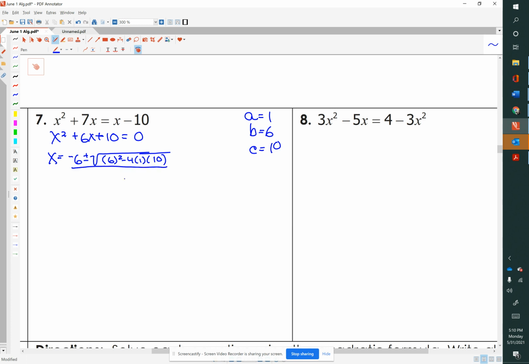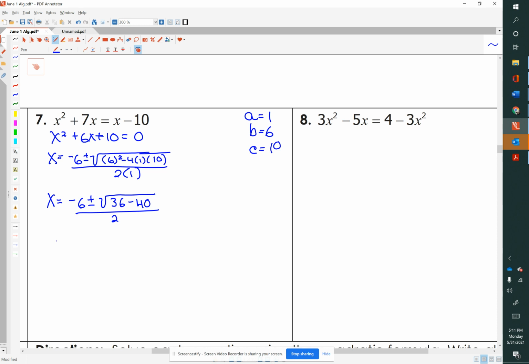All of that divided by 2 times 1. And as we begin to evaluate that, we have -6 plus or minus the square root of 36 minus 40, divided by 2 times 1, which is 2.